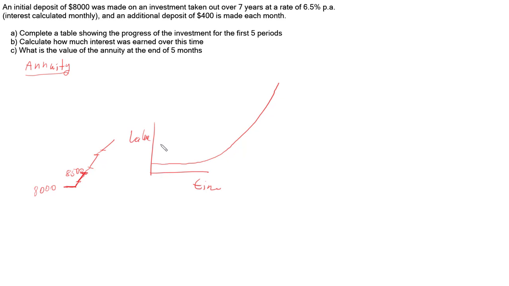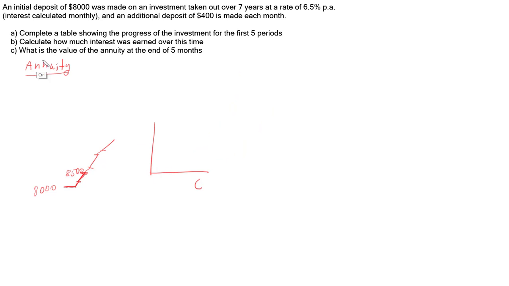Whereas with an annuity, because you're adding in more money each time, it quite quickly increases in value and way outperforms compound interest. So it's beneficial to keep depositing money into an investment, because not only does the value increase significantly, but the amount of interest you're earning also starts increasing quite quickly.